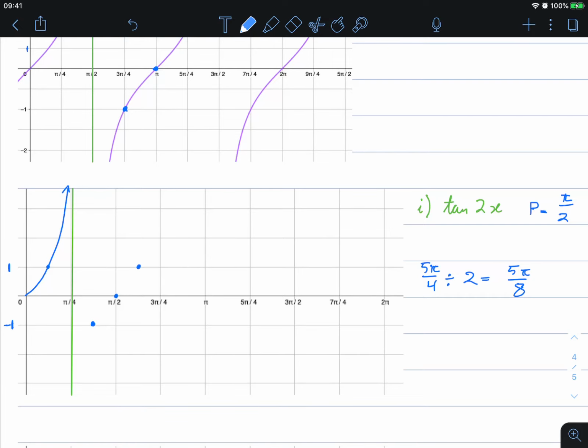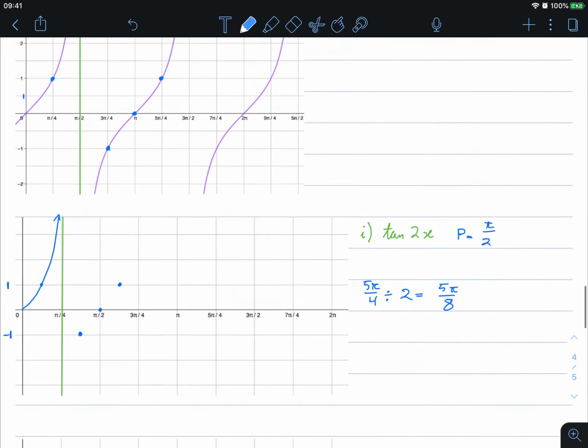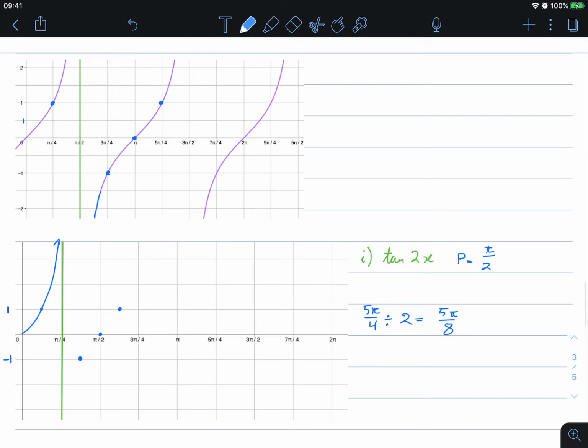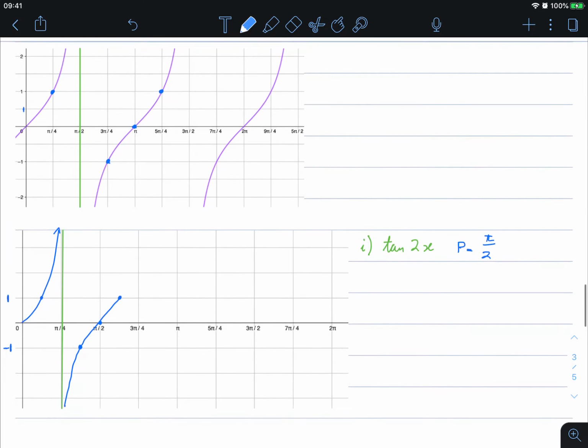Now, because this kind of matches that curve, it goes off to infinity, we should try and match the look of that. Before we continue, we should figure out where this asymptote is. It's the same procedure.